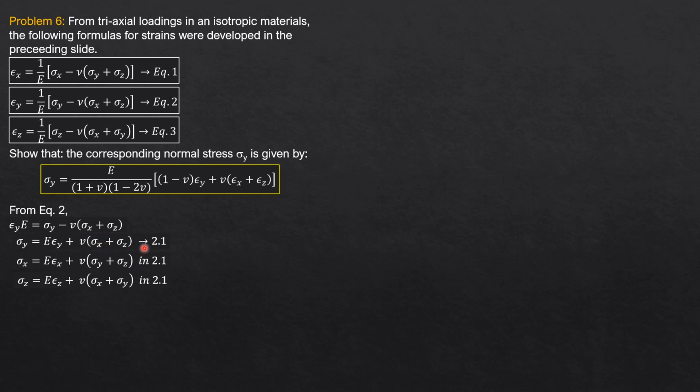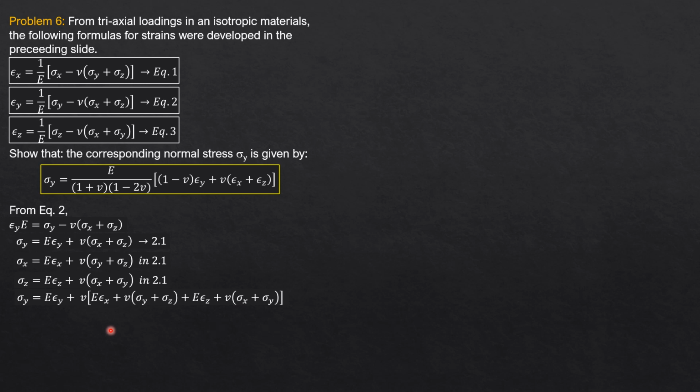So from 2.1, sigma y equals E times strain y plus Poisson's ratio quantity E times strain x plus Poisson's ratio quantity sigma y plus sigma z for sigma x. Then for sigma z, E times strain along z, plus Poisson's ratio quantity sigma x plus sigma y.